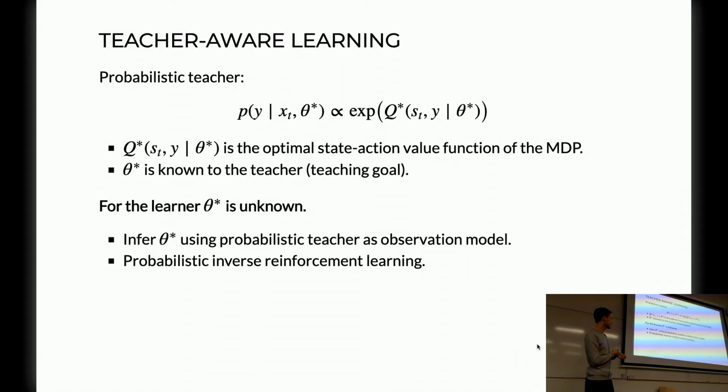But we can use this as the observation model of the learner and try to infer. The learner then uses this model to try to infer the teaching goal. That way it has a model of the teacher, and it acknowledges that the teacher is trying to teach it in some way.